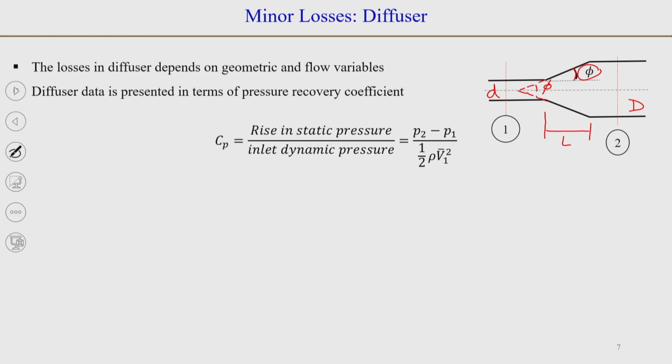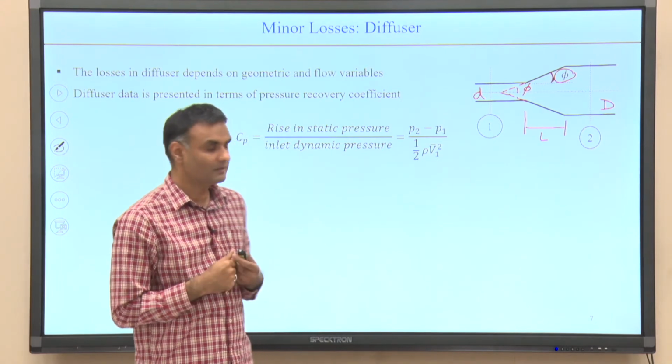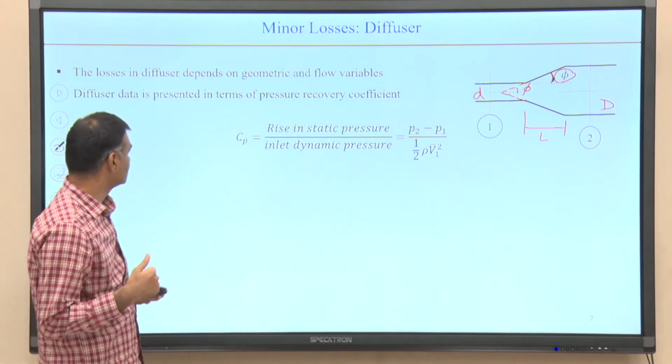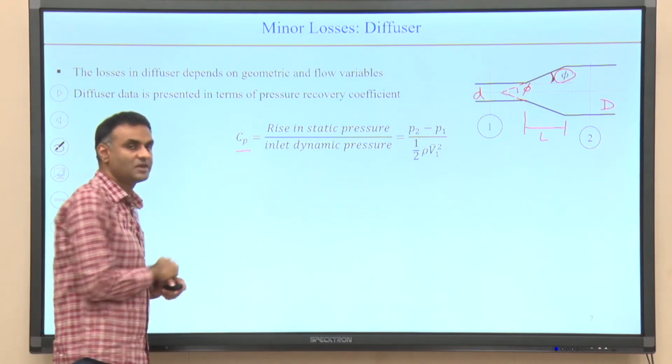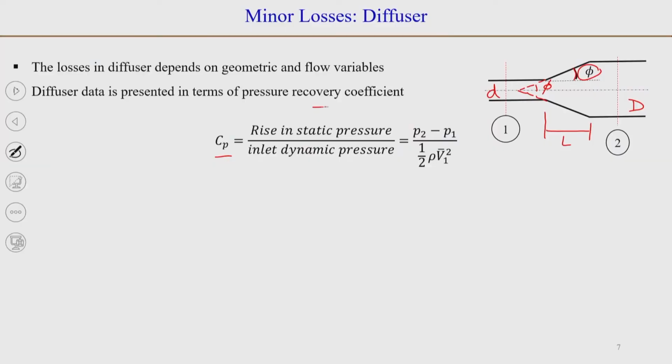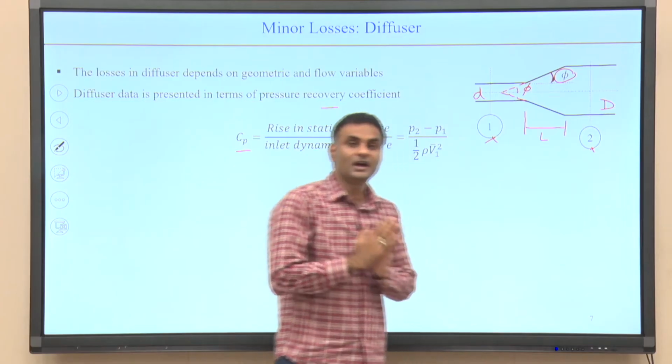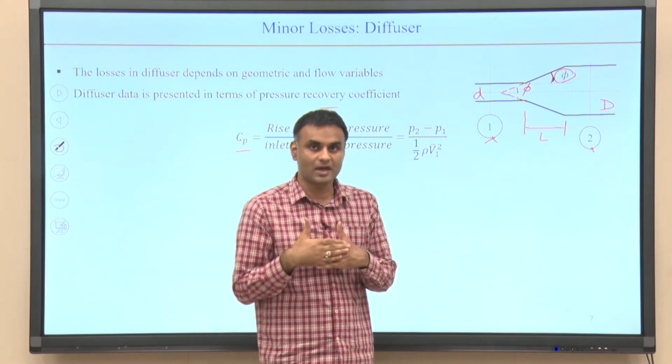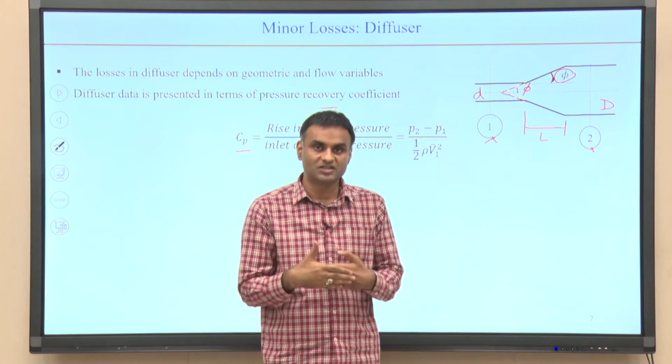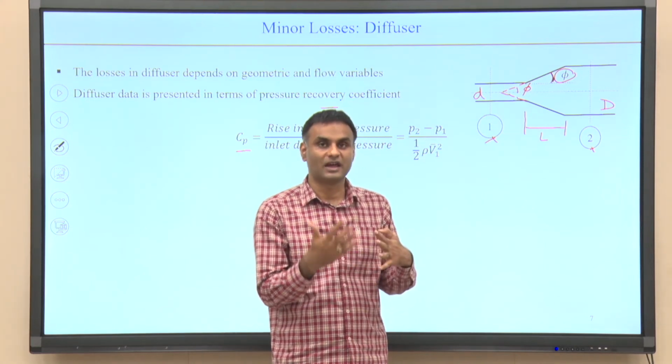If we consider that the flow is frictionless, then we can find out how much the pressure recovery is using the simple Bernoulli's equation. This pressure recovery is defined in terms of a coefficient Cp, which is called the pressure recovery coefficient. When you have flow in a diffuser and you consider the flow of an ideal fluid, then from point 1 to point 2, because the area is increasing, you will have a decrease in velocity and correspondingly a rise in pressure.